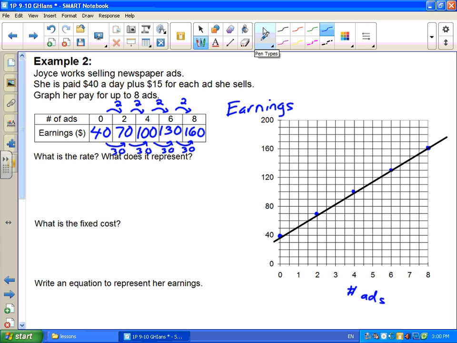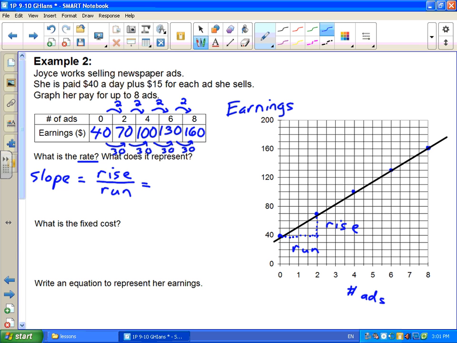Okay? When they ask for rate, they're asking for slope. Slope, of course, is rise over run. So we can take 2 points on this graph and we can look at the run and the rise. Here's my rise and here's my run. Now it helps to look at the table here. If I go from this point to this point, how much is this going up by?